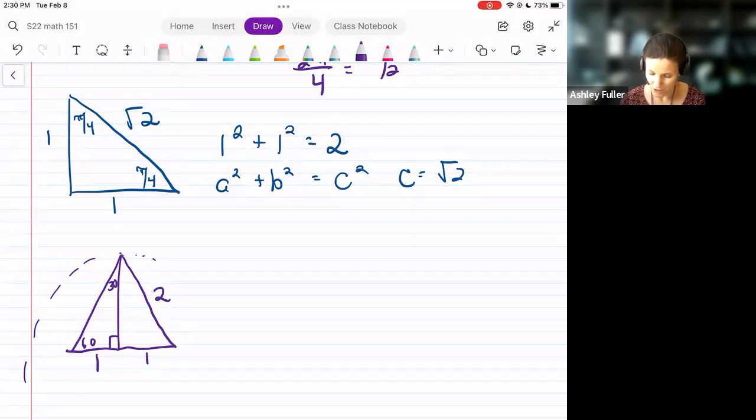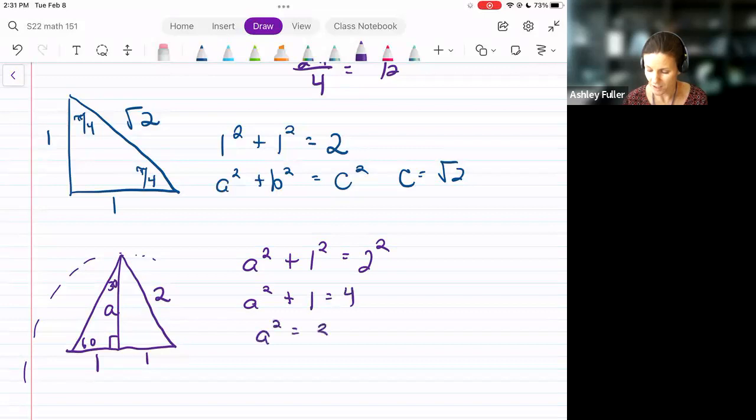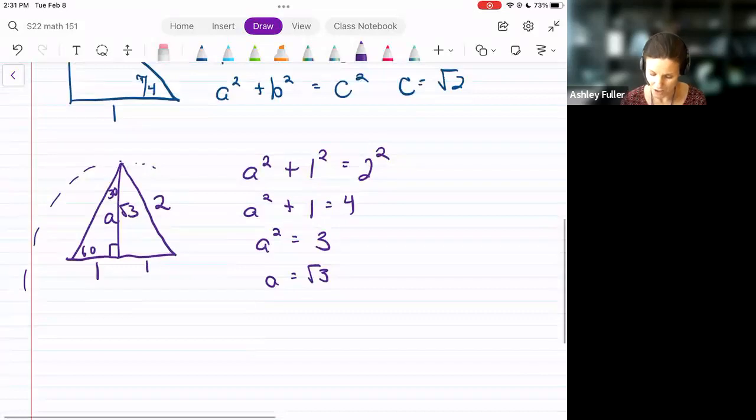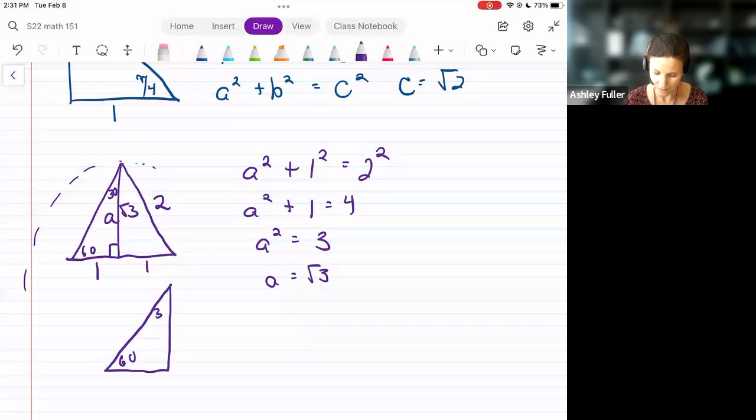And so this relationship, using the Pythagorean theorem, if we call this a, we've got a squared plus b squared, which is 1, plus c squared, which is 2 squared. And so we can calculate that a value. a squared is going to be 3, so a is the square root of 3. So the relationship on a 30, 60, 90 triangle is going to be 1 to 2 to the square root of 3.